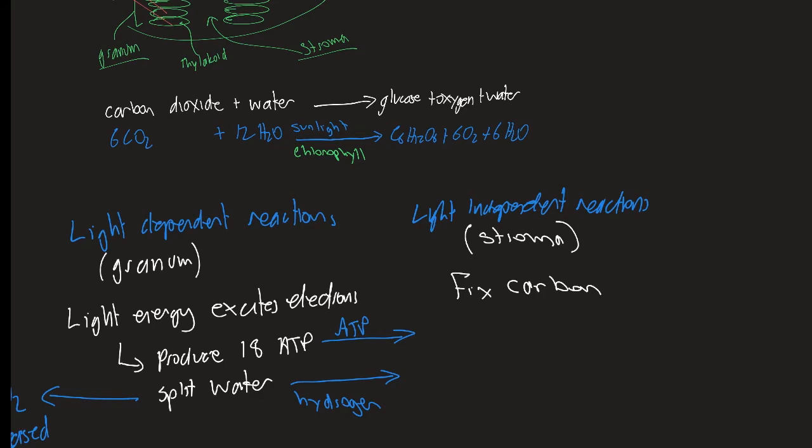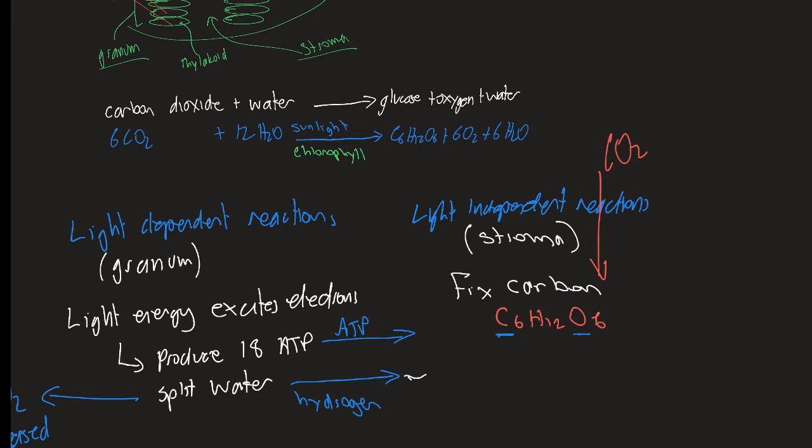But to make glucose, glucose is C6H12O6. And we're fixing carbon from carbon dioxide. So one of the inputs of the light-independent reaction is carbon dioxide, which comes in through the leaves from the atmosphere. So carbon dioxide, we've got carbon and we've got oxygen. But we also need hydrogen.